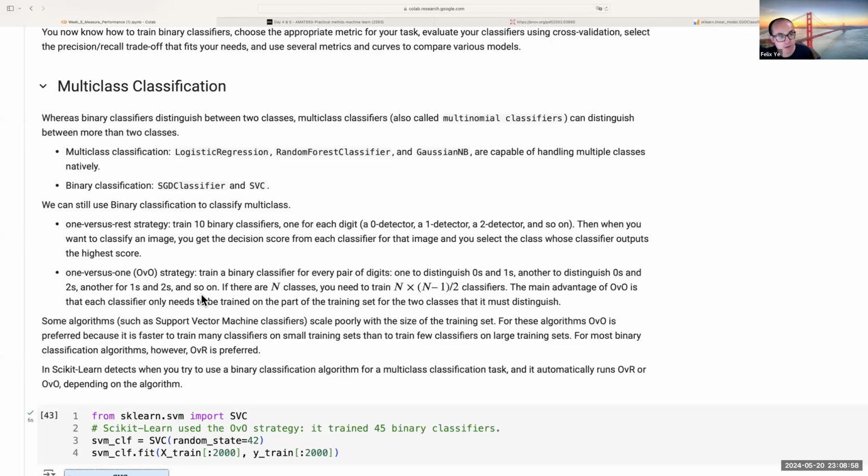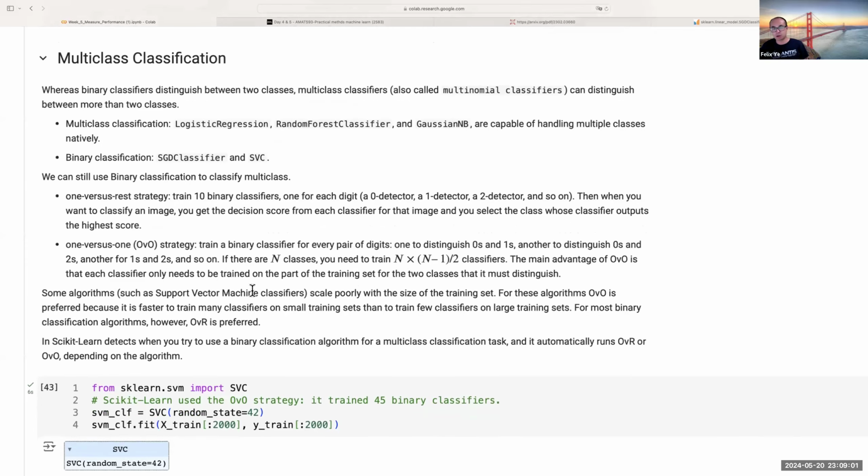You can also do one versus one. That means we train a binary classifier for each pair of digits. For example, we do 0 and 1, 0 and 2, and so on, right? But since we have 10 different classes, that means we're going to train 45 different classifiers. The main advantage of this process is that each classifier only needs to be trained on the part of the training set for the two classes it must distinguish.